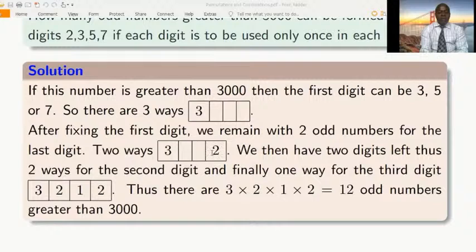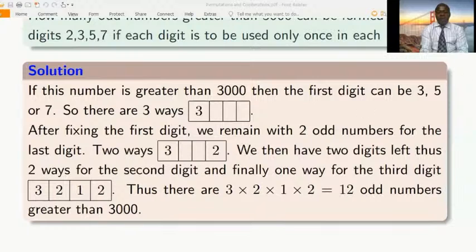Once I've fixed the first position and the last position, I'm left with 2 numbers, and any of those qualifies for the second position, so I have 2 in the second position. Once I've fixed the first, last and second positions, there were 4 numbers, I've fixed 3, and I'm left with 1. So I would have 12 odd numbers.